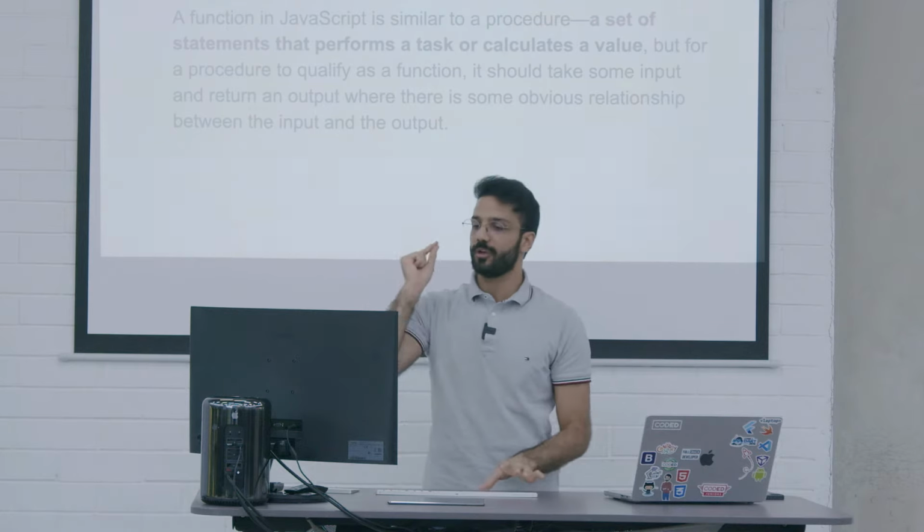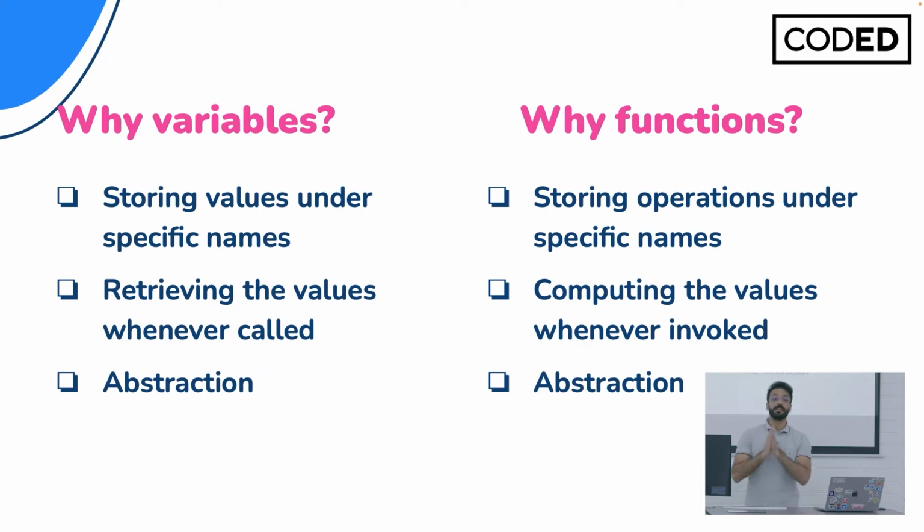And the first thing we talked about before with variables is that a variable stores values under specific names. So the computer is able to store values, right? And we can retrieve those values at any time just by calling them. So I define let x equals 5, and then I call x. x remembers it was 5, right? So the computer is amazing at storing information.